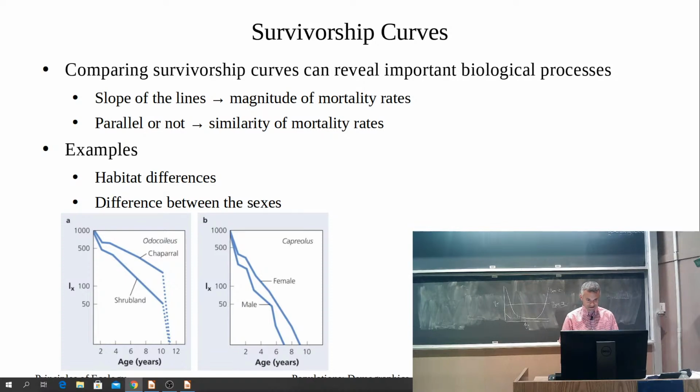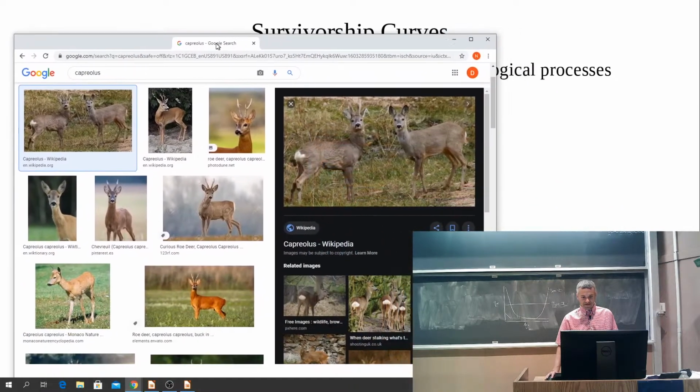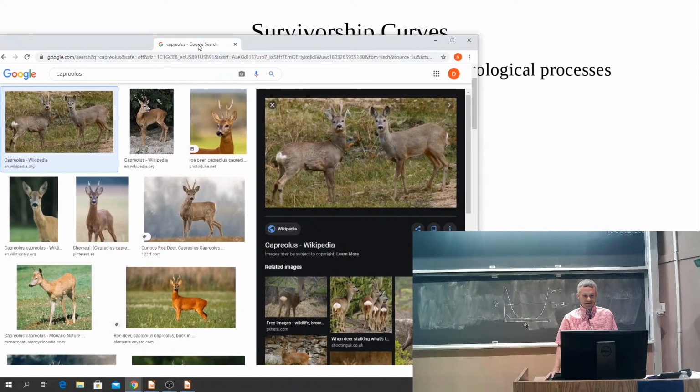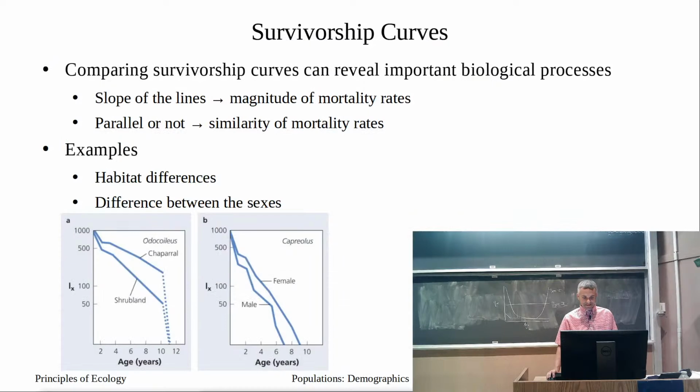It's a European deer species. Roe deer. Slide that up. Here it is. Roe deer. I knew that. Tip of my tongue. What's that? I don't know. Don't know.